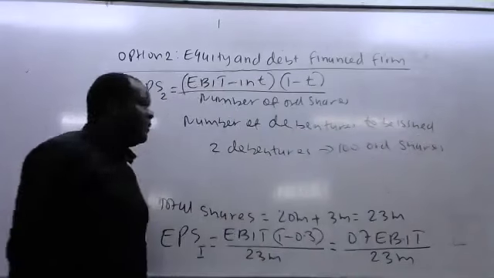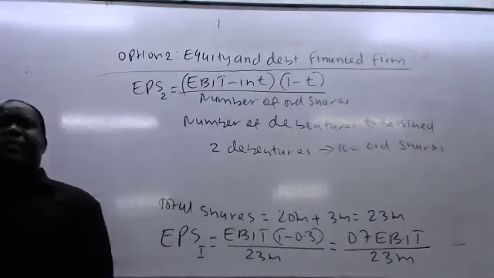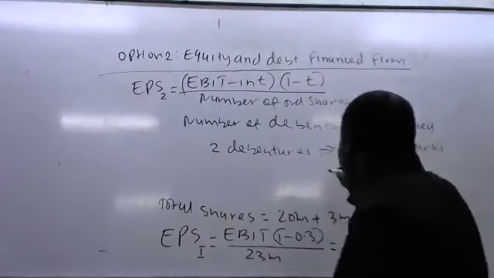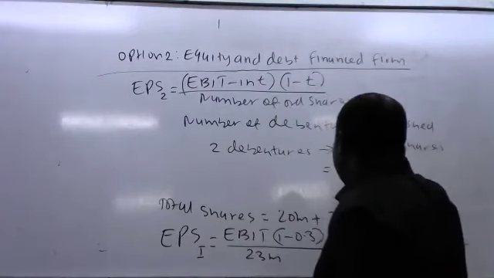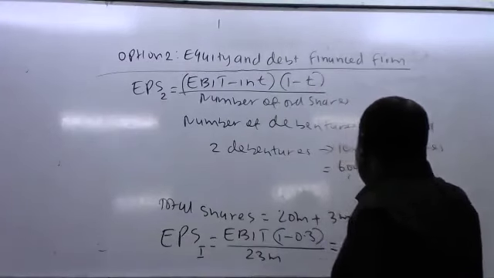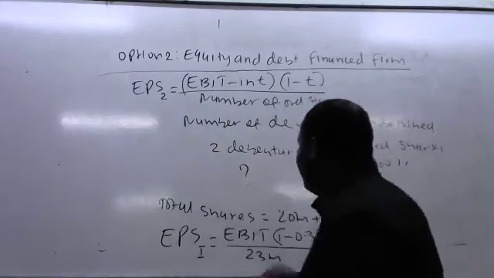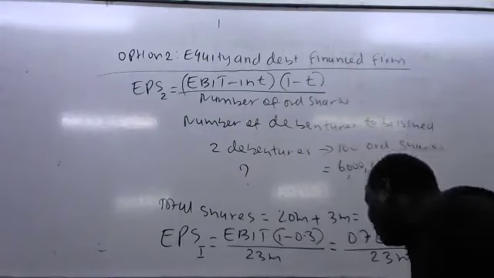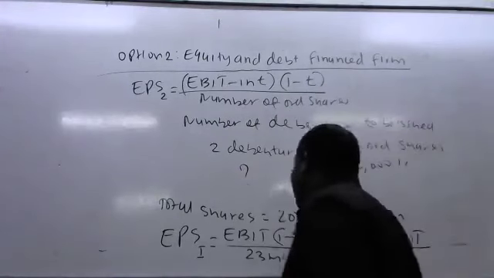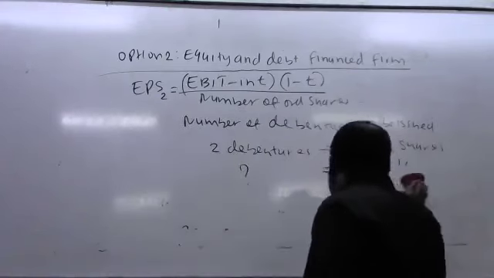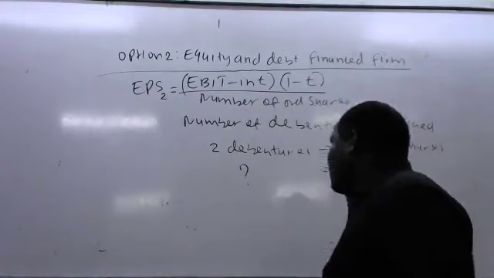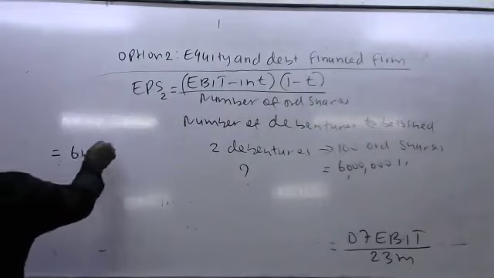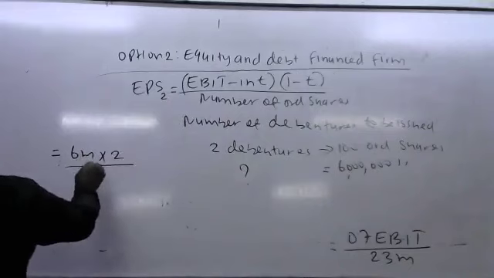So 2 debentures is equivalent to 100 ordinary shares. But Query had 6 million ordinary shares. So how many debentures were they able to issue in order to acquire Query Limited? You cross multiply: 6 million multiplied by 2 divided by 100.